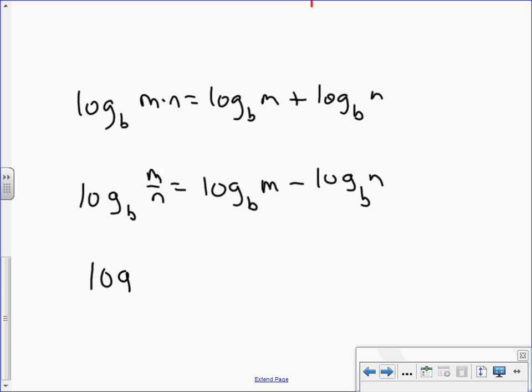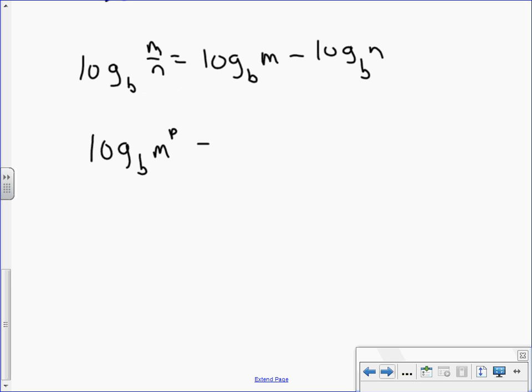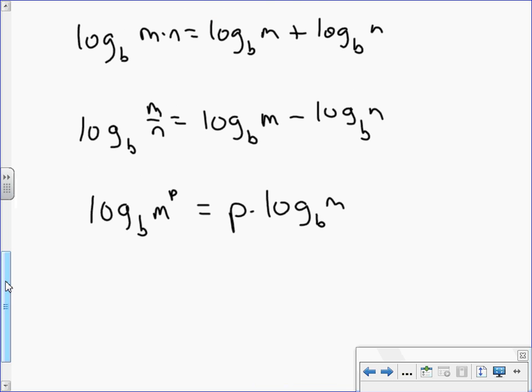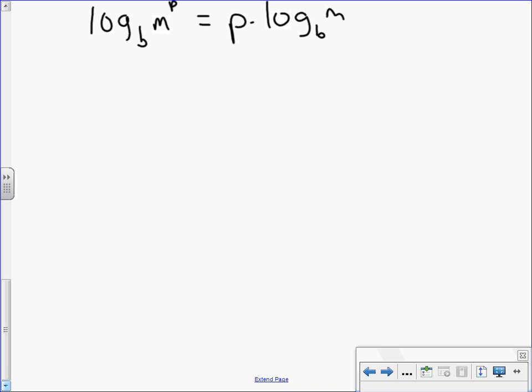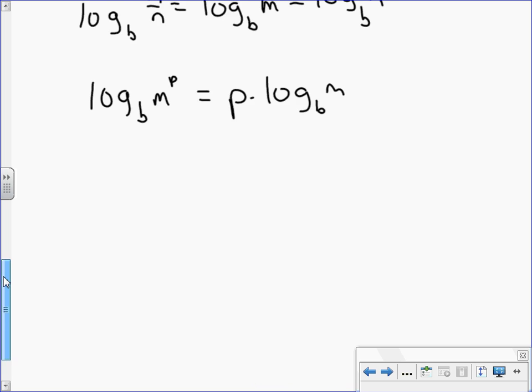And finally, the log base B of m to the p, any letter you want, is equal to p times log base B of m. These are our 3 properties, and we're going to use these 3 properties to mess around with log statements, to see how we can change the way that they look and the different ways that they can be written. So good to go.